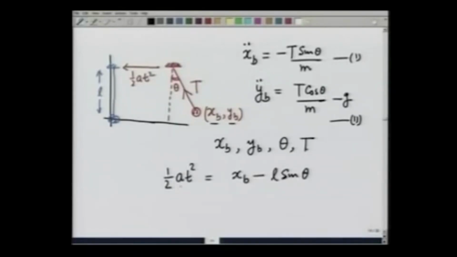Similarly, I am going to have y of the support equal to yb plus L cosine of theta. This is my equation 3 and equation 4. I have gotten 4 equations, 4 unknowns, and I can solve for them. So let us do that. Let me rewrite the equations once more, and then we will solve the problem.